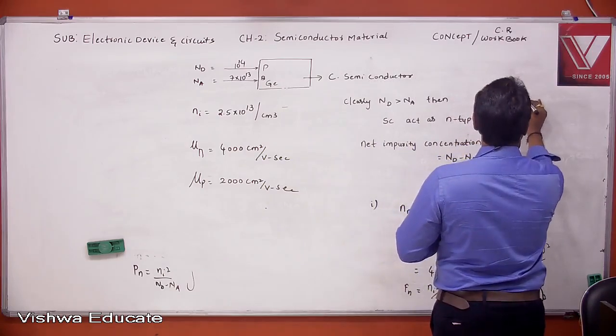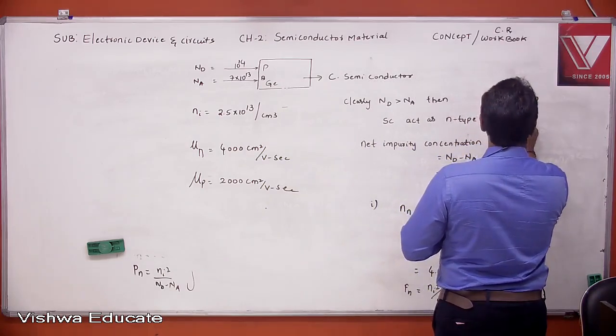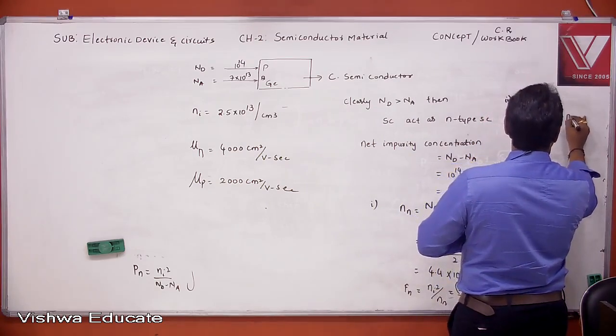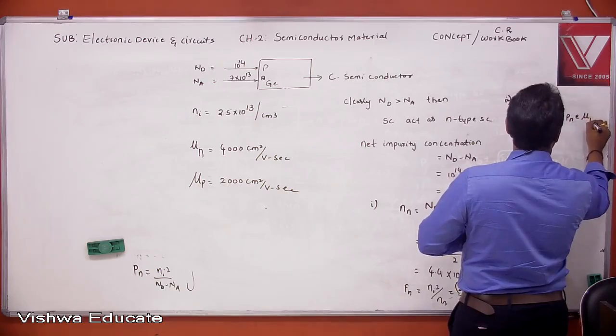Conductivity. What is the equation of conductivity? Sigma n equal to Nn into e into mu n plus Pn into e into mu p.